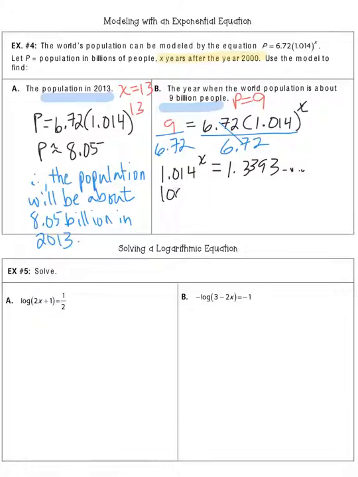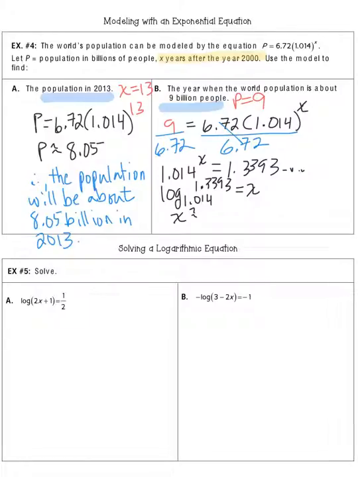So the log base 1.014 of this long number 1.3393 yada yada yada is going to equal x. So to get x, we are going to use the change of base formula in our calculator. So this log divided by this log. So in order to get this whole big number in your calculator, you have that number stored in your calculator right now as your last answer.